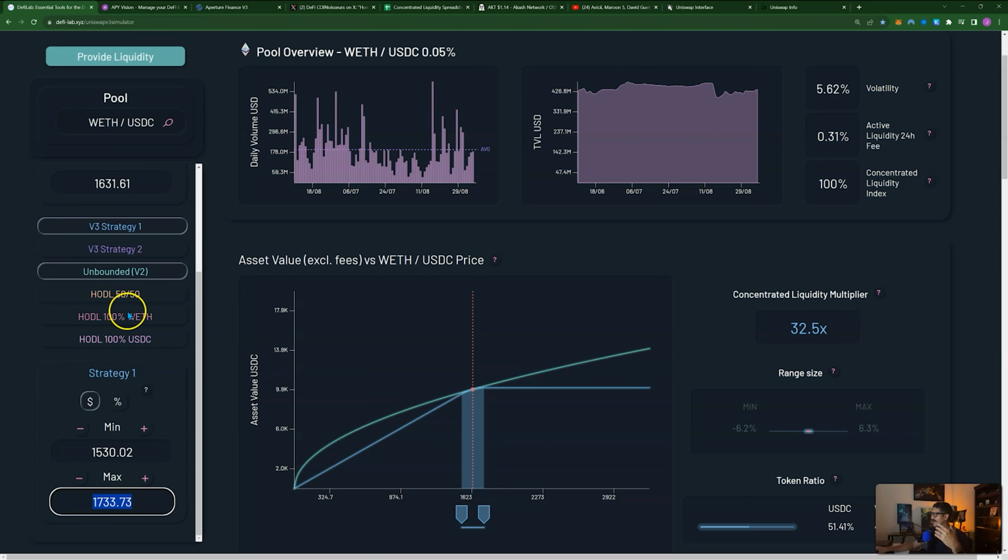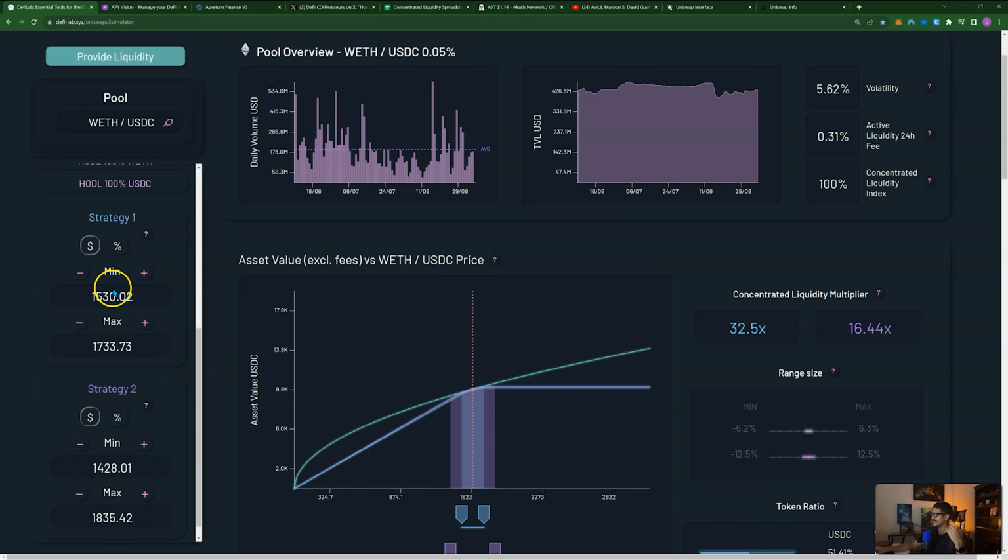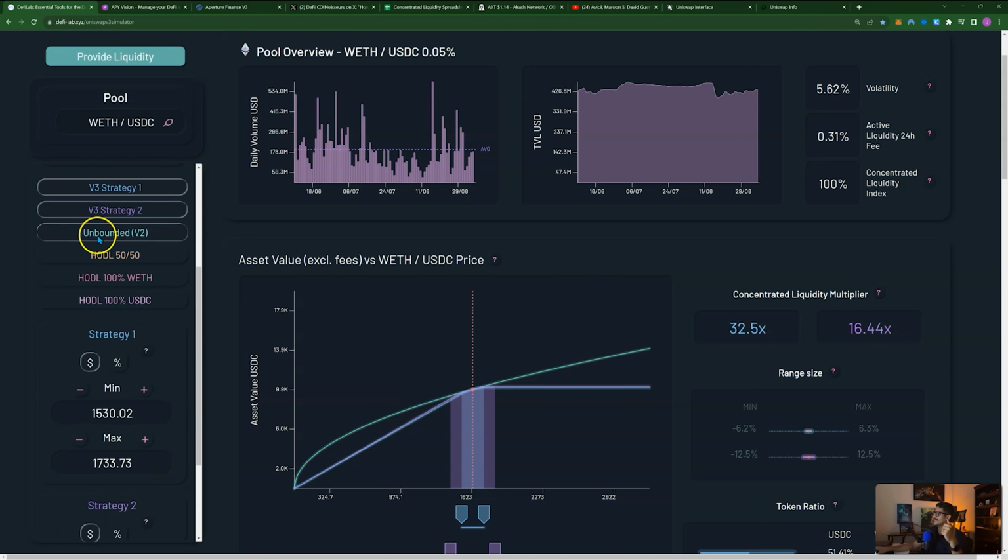And then you can model out, you can compare different liquidity pools. Here you have a V3 strategy 1, which is the first liquidity pool. Then you got V3 strategy 2, which allows you to set up a second liquidity pool to kind of compare the two to see which one is better, which one would fit your strategy better. And then you have unbounded V2. That just means it's a standard vanilla liquidity pool that's staked from a price range of $0 to infinity.